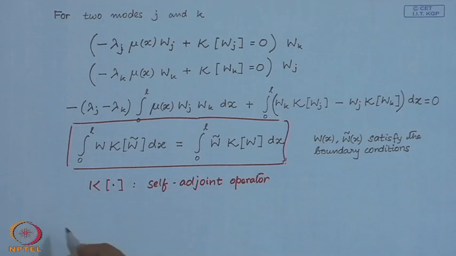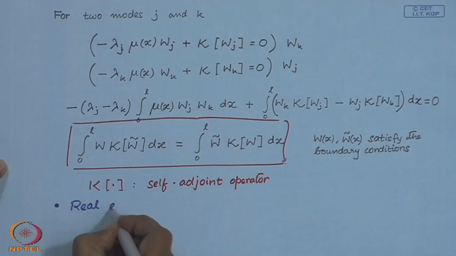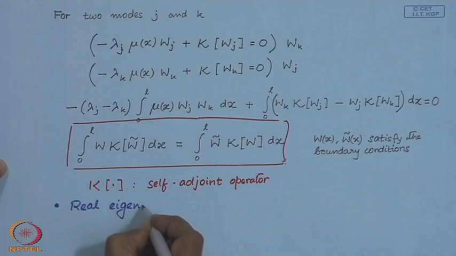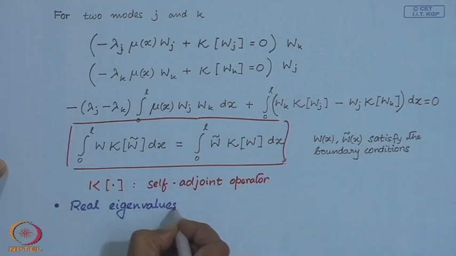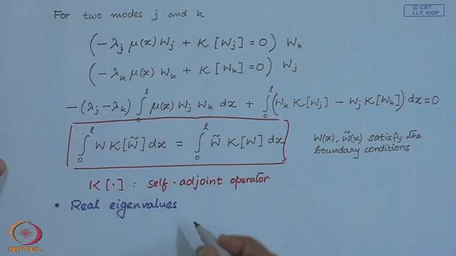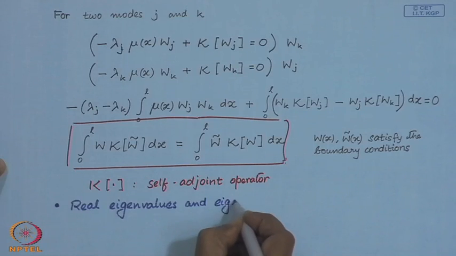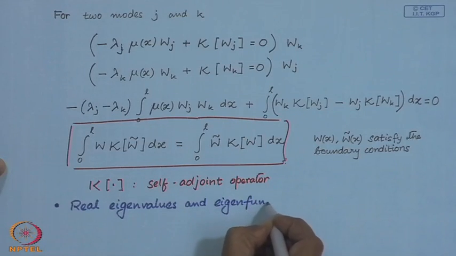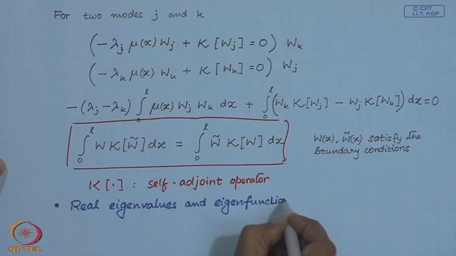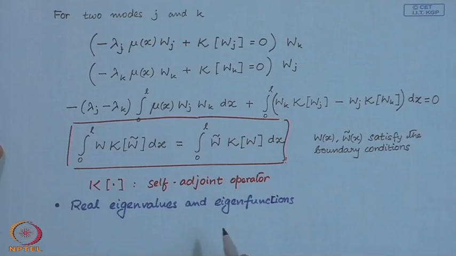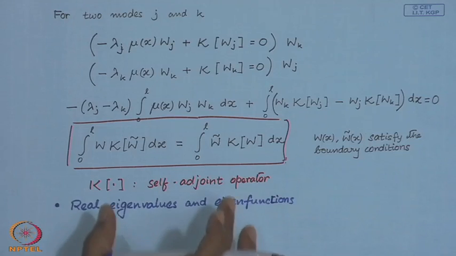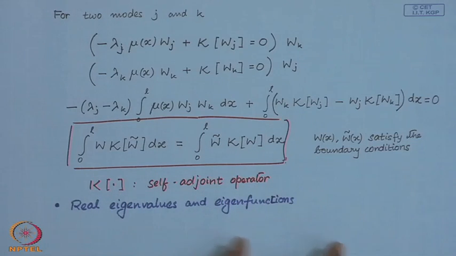In a similar manner, we have these properties, which can be shown very easily: the eigenvalues are real, and the eigenfunctions are real, whenever the stiffness operator is self adjoint.